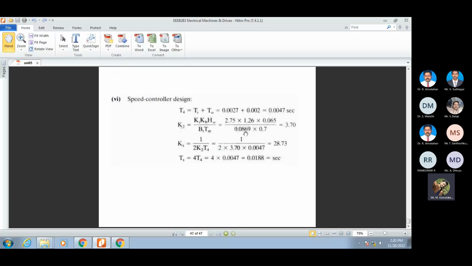For that equation we are substituting everything, and we are getting the gain of the speed controller as 28.73, and the value of the time constant of the speed controller should be 0.188 seconds alone. Beyond that, there should not be any time delay. As we discussed, if there is any time delay, then the overall performance of the drive is lowered.